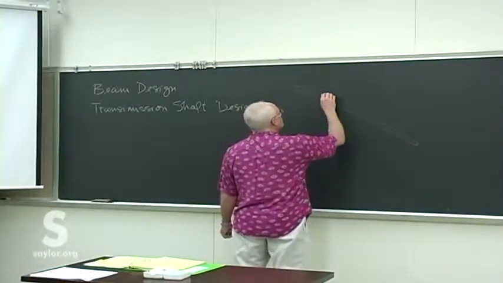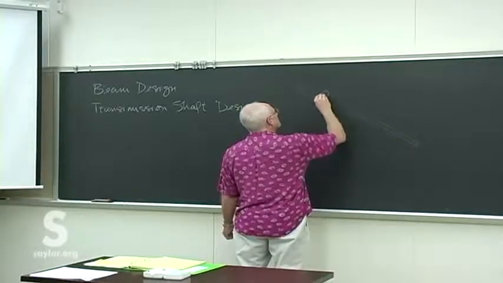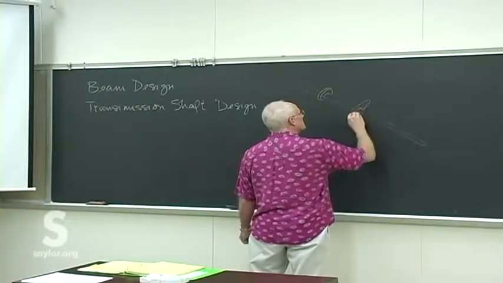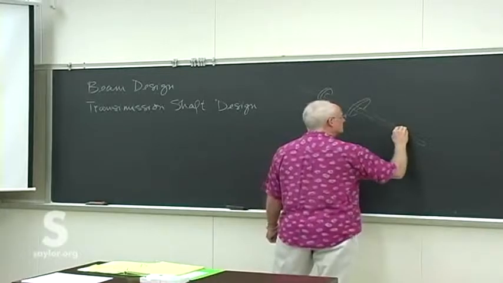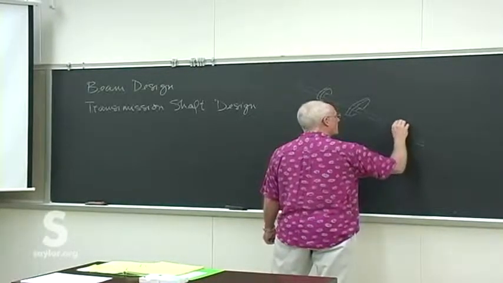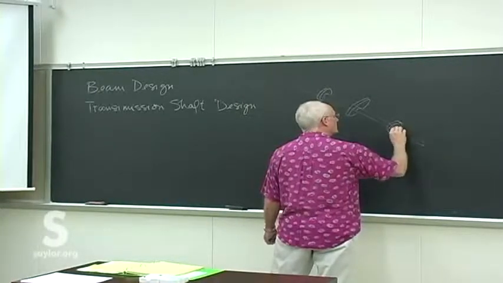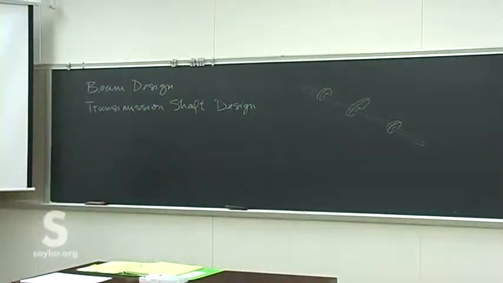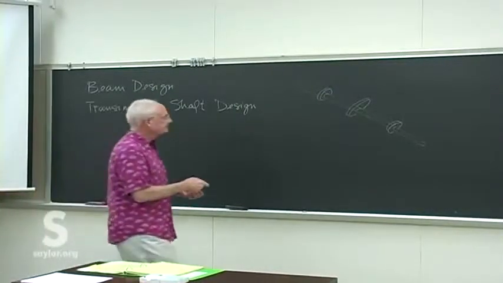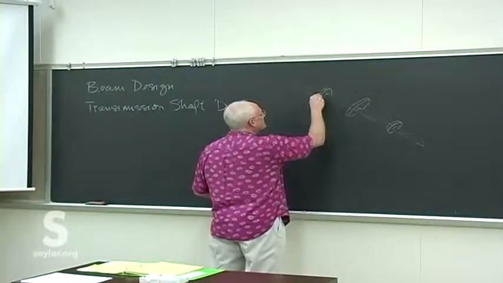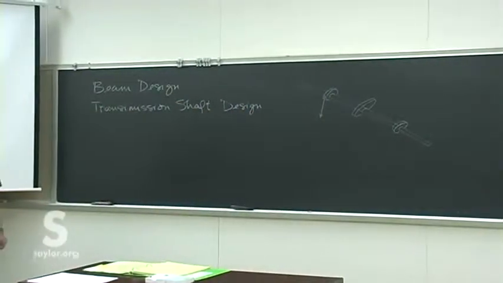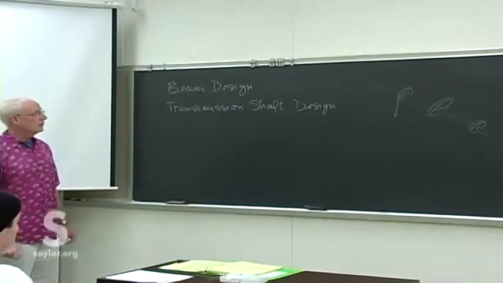So the way we're going to approach it is, imagine at several places there are gears of various sizes. And we're going to look at the fact that not only is torsion caused at each of those, but there are bending forces, because the torques are applied to those gears by the presence of good old-fashioned forces.